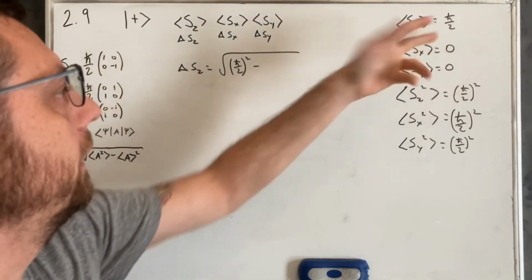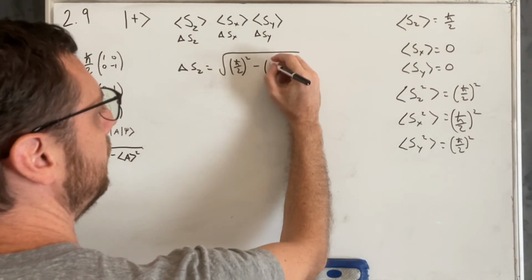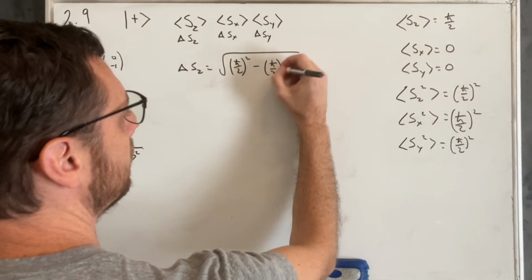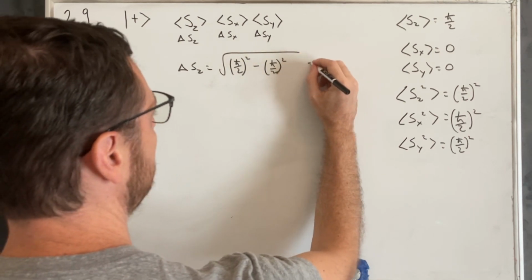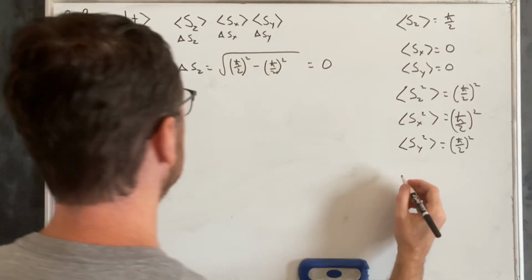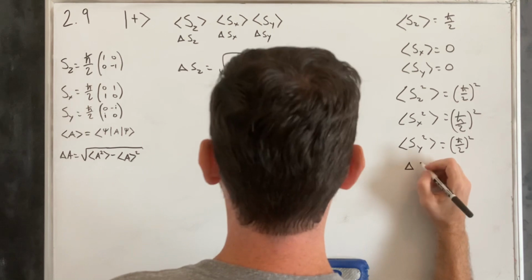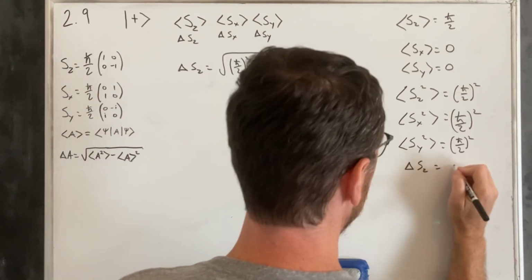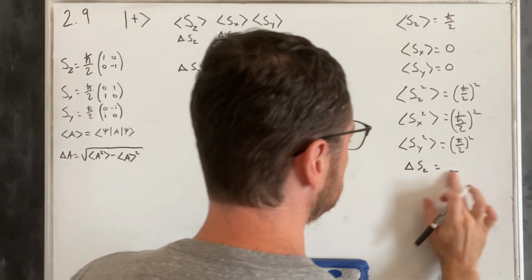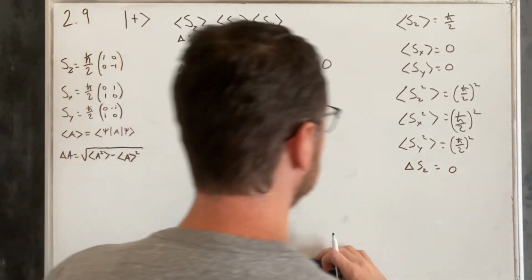So that's going to be h bar over 2 squared minus h bar over 2 squared, so that's going to be 0. So I'll write that here. Our delta SZ is going to be 0.